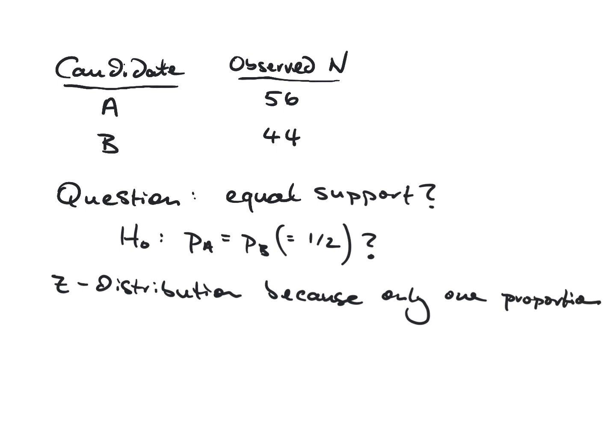It's as simple as asking the question, is the proportion who will vote for A equal to half? And again, I told you all we can construct a confidence interval and test the hypothesis.